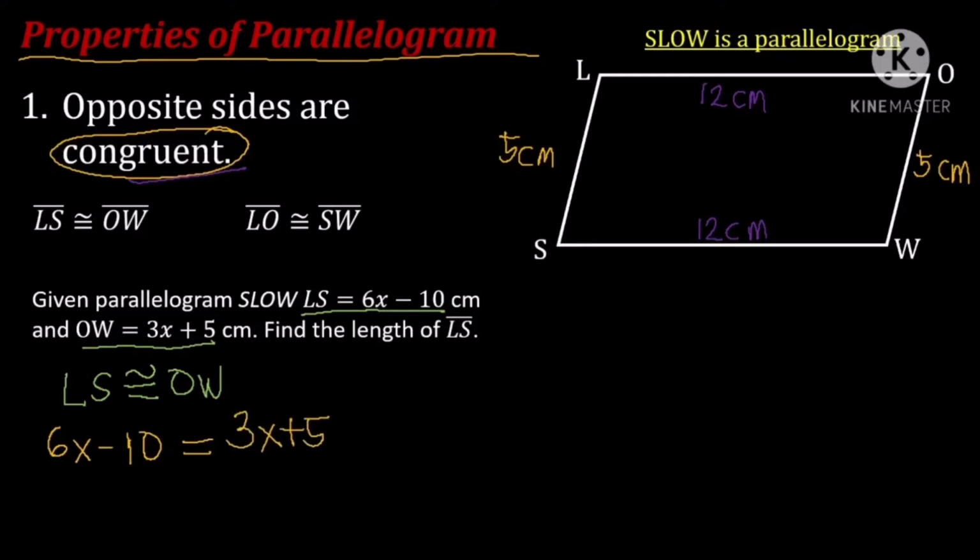We have 6x minus 3x. So, positive 3x. Pag nilipat natin, we have negative 3x equals 5 and then negative 10. Pag nilipat natin, we're going to have positive 10.